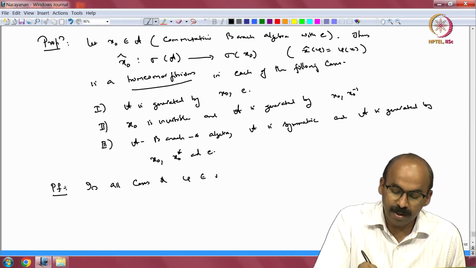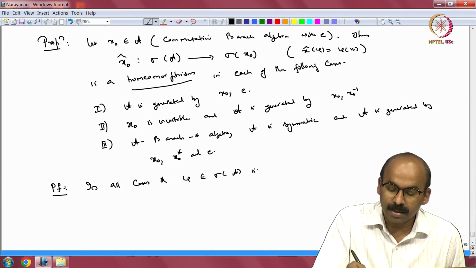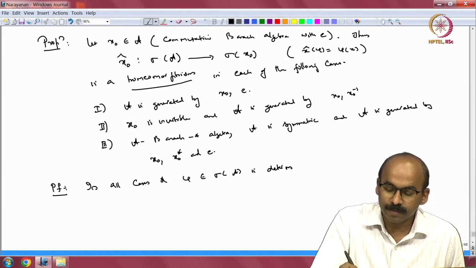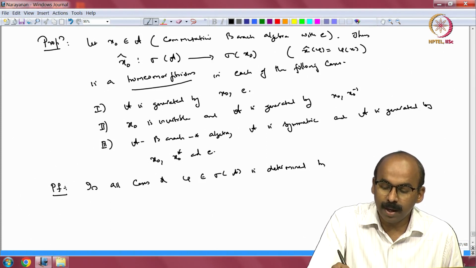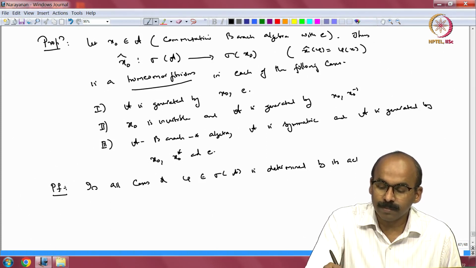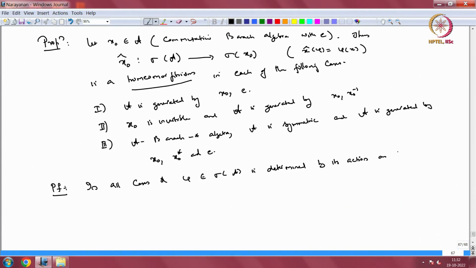A phi in sigma A is determined by its action on x naught, or x naught star, or x naught inverse, x naught star and so on, which is all determined because you know the action on x naught. I will rub off that part just so that there is no confusion. So, let us see why.